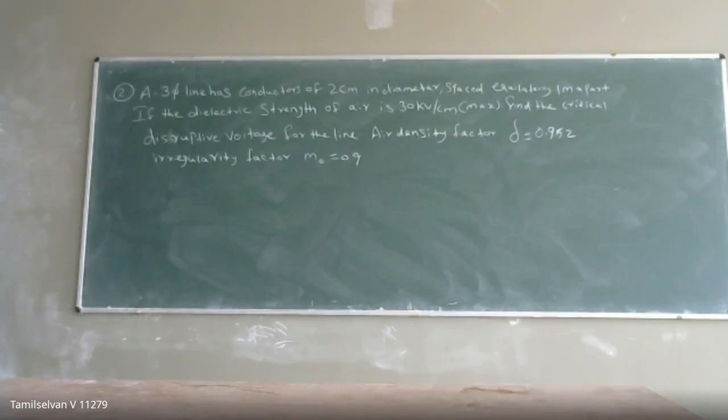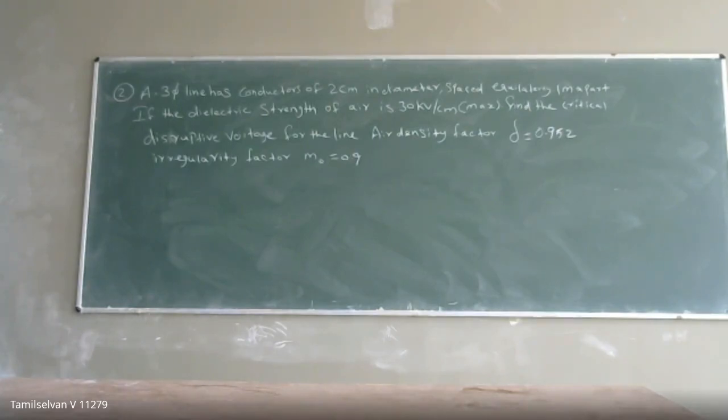So here remember we have to calculate the critical disruptive voltage. Okay, so directly we are going to substitute in the formula. When we have seen about the corona, what is the corona and what is the critical disruptive voltage and critical visual disruptive voltage we have seen. So I think I have given the two formulas there. So by using the voltage gradient formula, you have to use that formula directly to substitute to get that value.